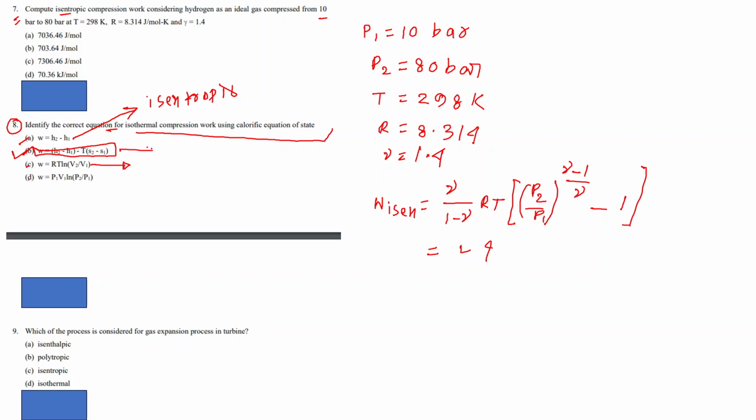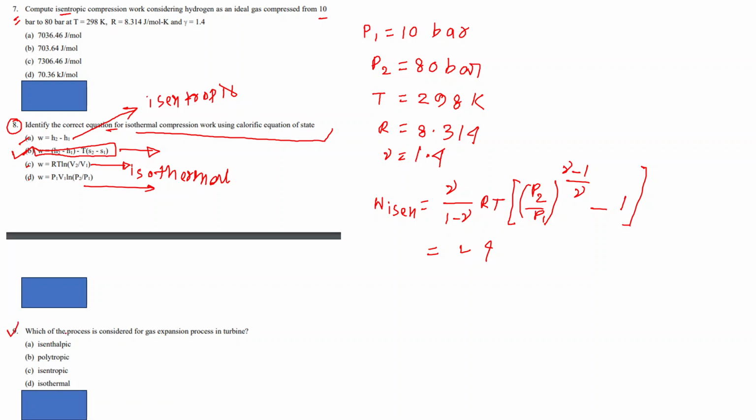Next one is the isothermal work done, calorific equation, and C is the isothermal work done, a state equation. This is also an isothermal state equation.